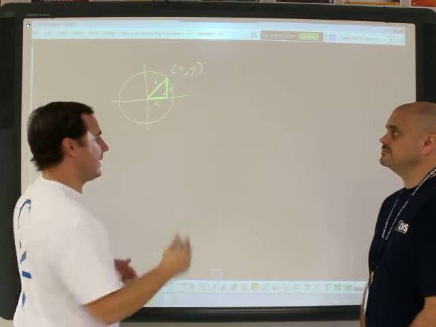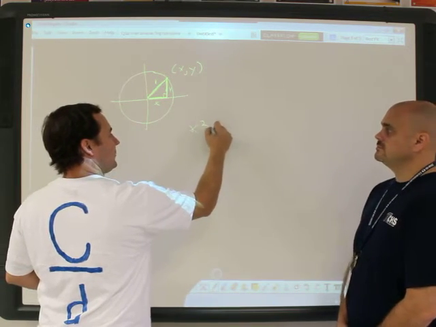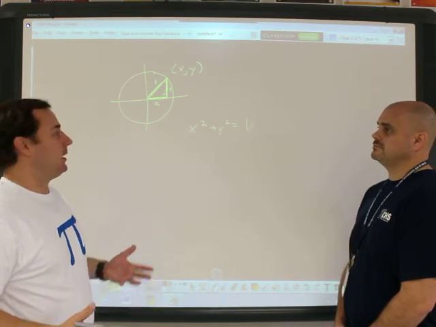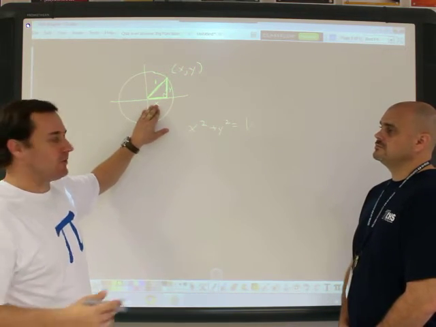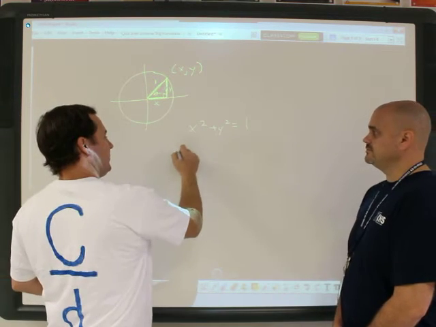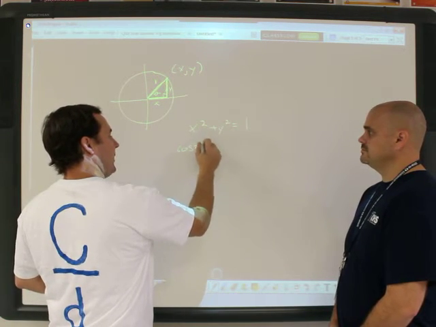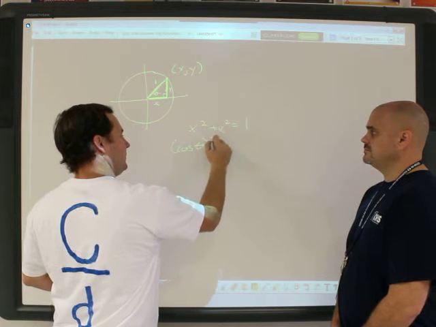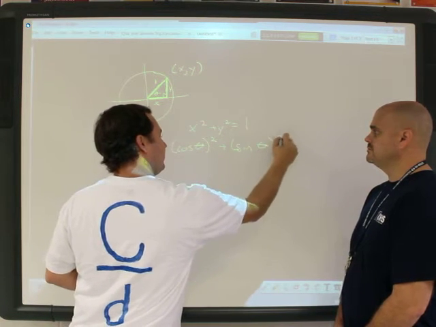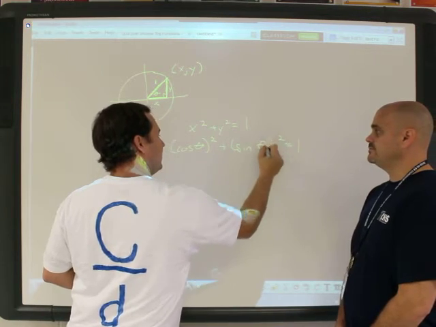So I know from the Pythagorean theorem, I've got x squared plus y squared equals 1. But I know that x is equal to the cosine of that angle. So I can replace x with cosine squared and y with sine squared, and that equals 1.